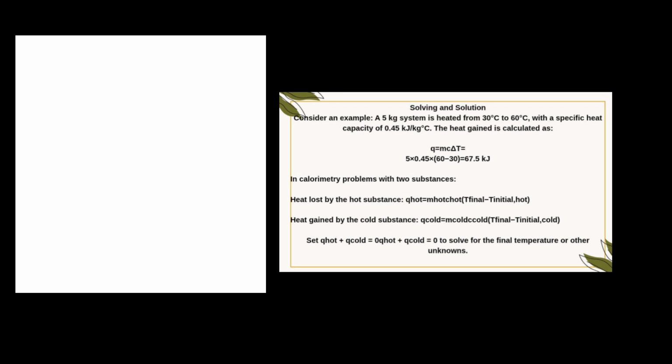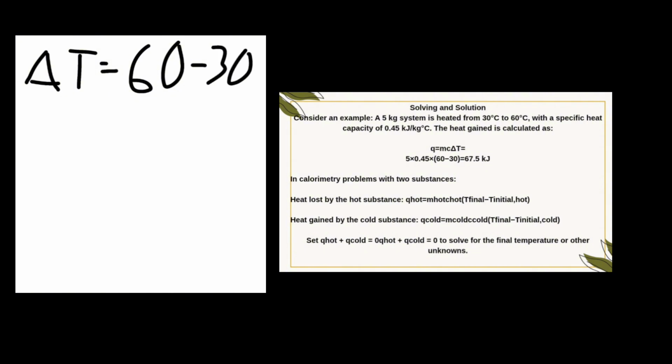To calculate ΔT, we use the formula final temperature minus initial temperature. Our final temperature is 60 degrees Celsius and our initial temperature is 30 degrees Celsius, which gives 30 degrees Celsius.